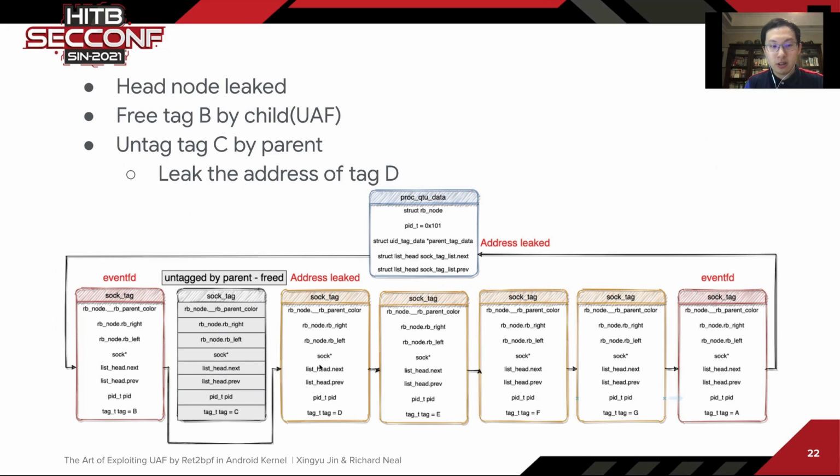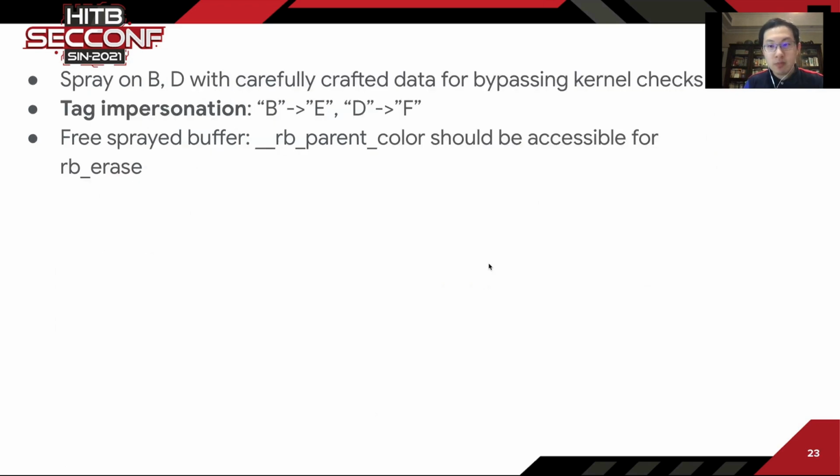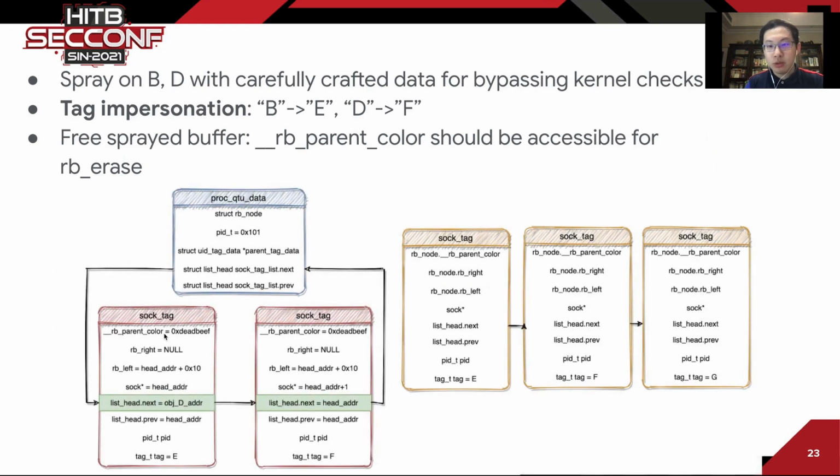Cool. So in order to bypass the security check, we now spray the first two objects and impersonate the tags. The original tags are B and D, and now they become E and F. We also unlink E, F, G from the proc data to make sure the tag ref and the reference count remain valid.